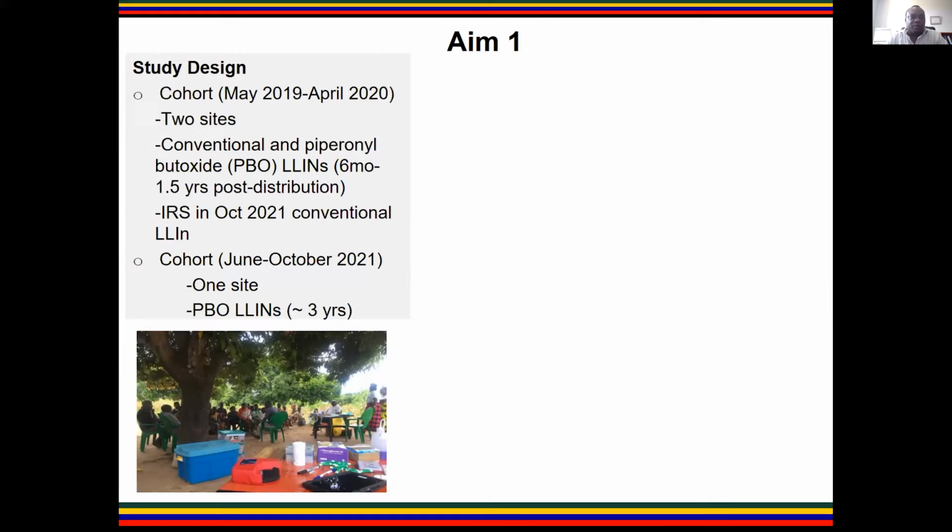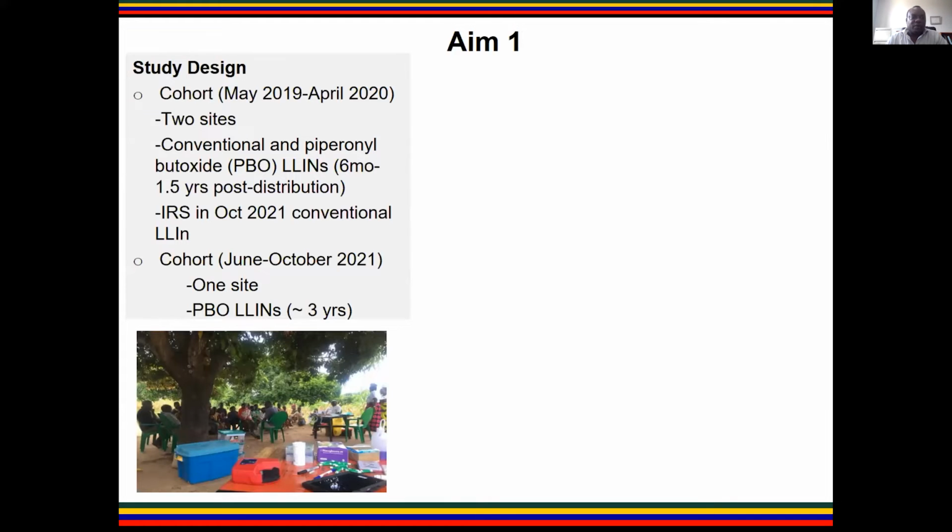So in one of these sites, Antaja, they had the PBO nets, and in the other site, Namanolo, they had the conventional bed nets. At the time of our study recruitment, the nets had been in the households for about 6 months.